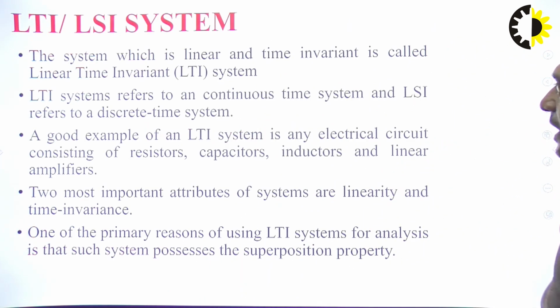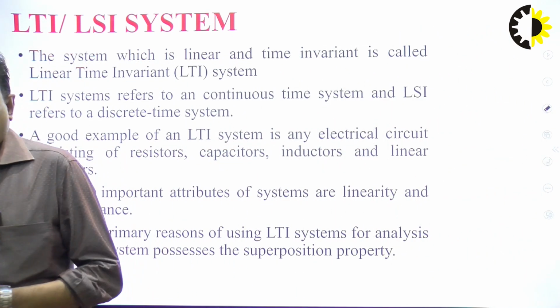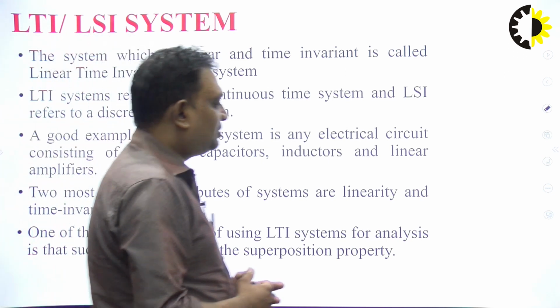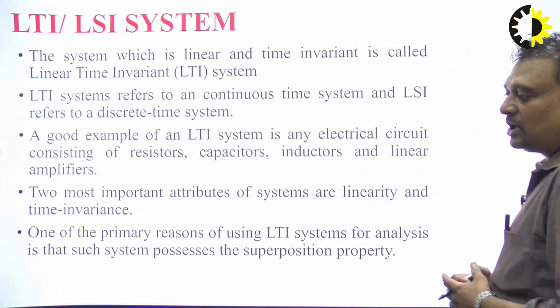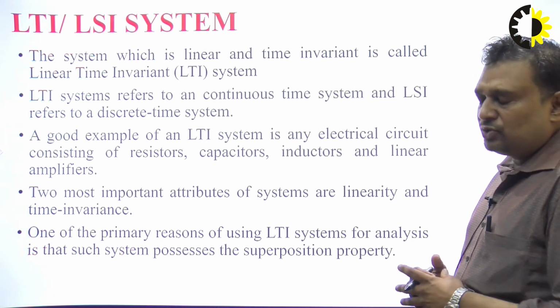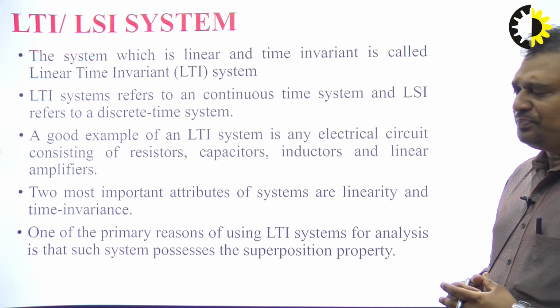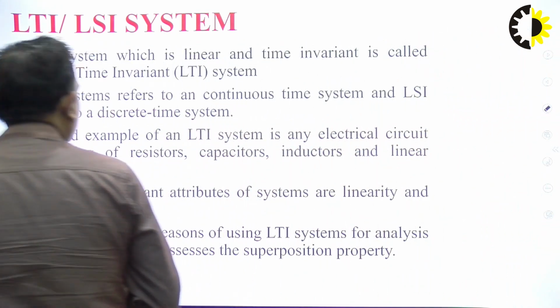First of all, LTI or LSI system. LTI means linear time invariant system, and LSI is linear shift invariant system. These are equivalent terms. LTI is used when we are working with continuous time systems, and LSI is generally used with discrete time systems, though otherwise these terms can be used interchangeably.